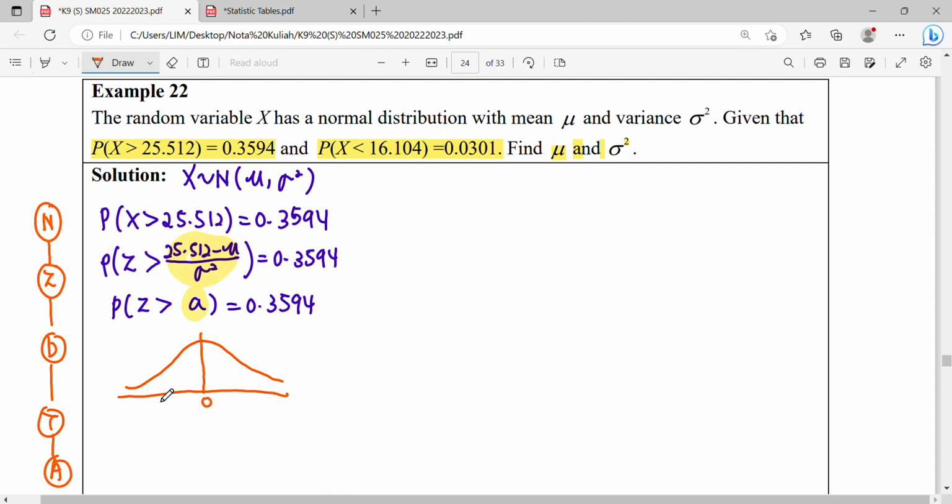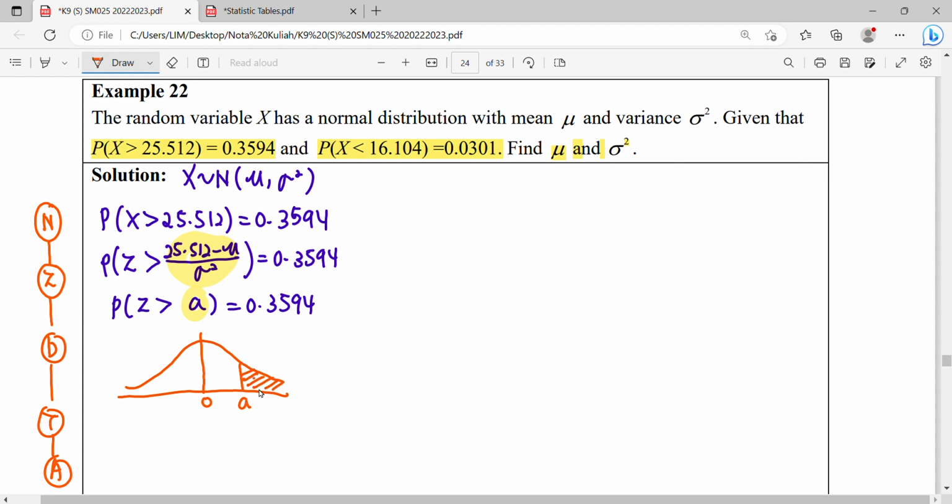Left hand side? Is it more than that? No. If it were on the left hand side, it would not match the value of the probability, not match the area. The area value is only small, so this A is located at positive.